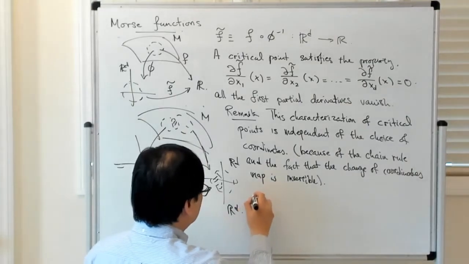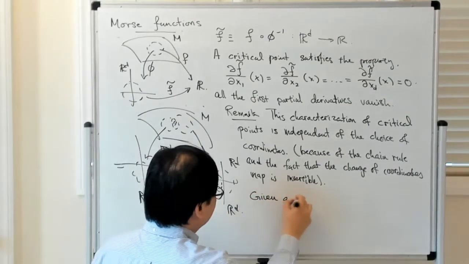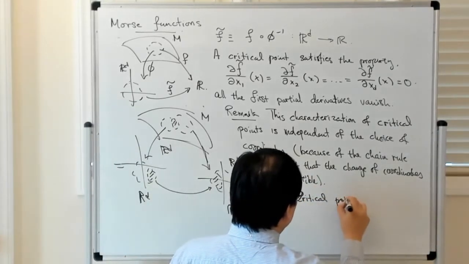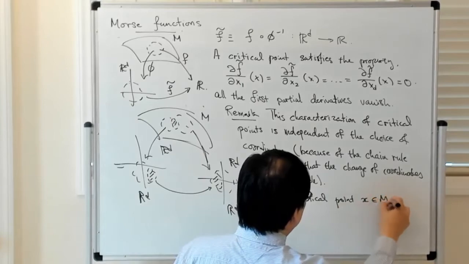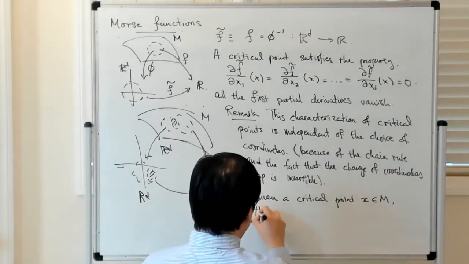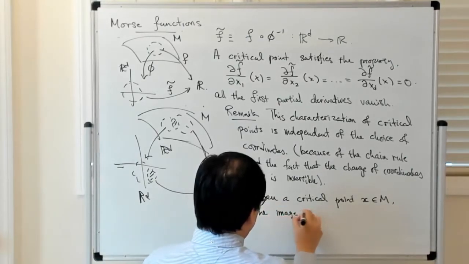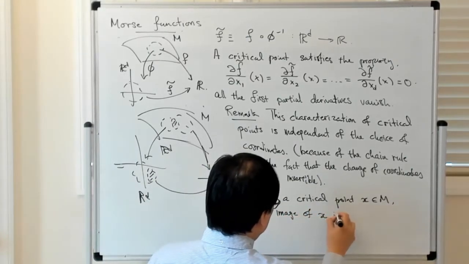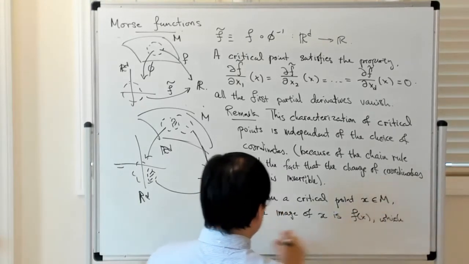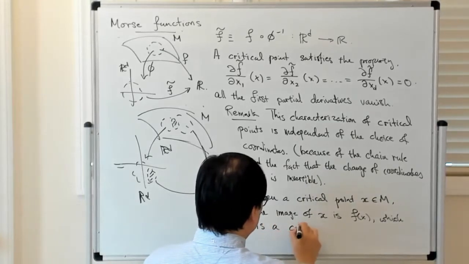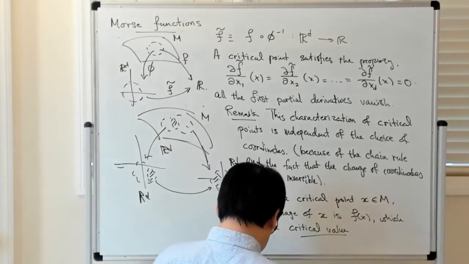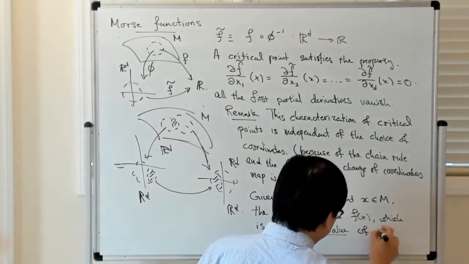Given a critical point x on the manifold, the image of x, which is f of x, is a critical value of the function f.